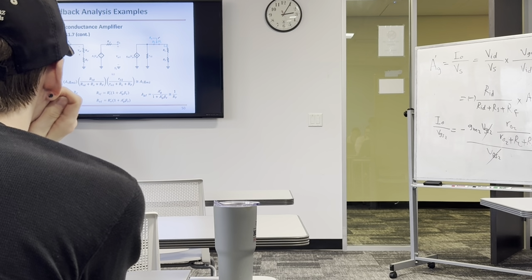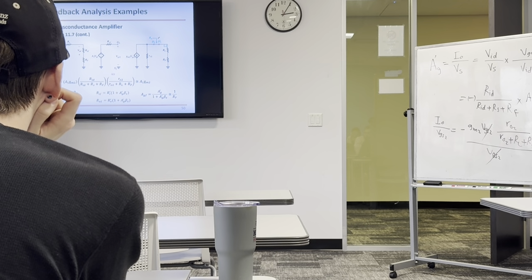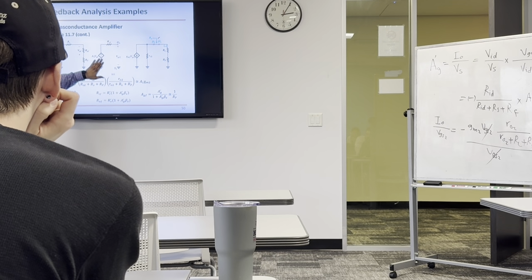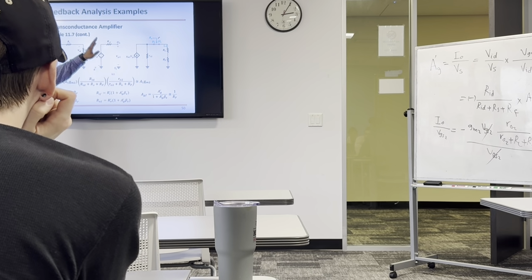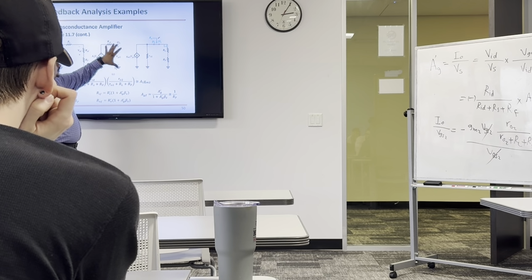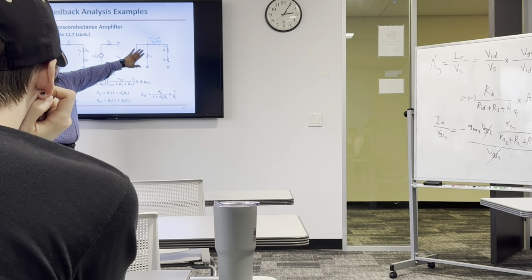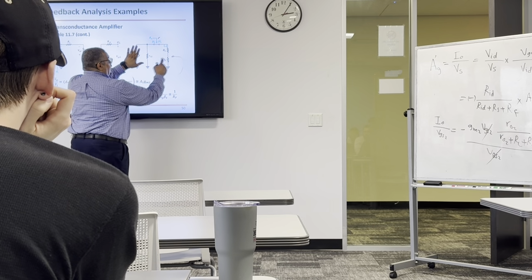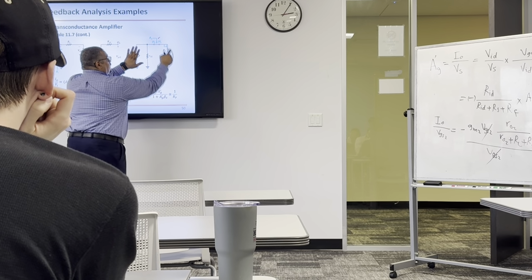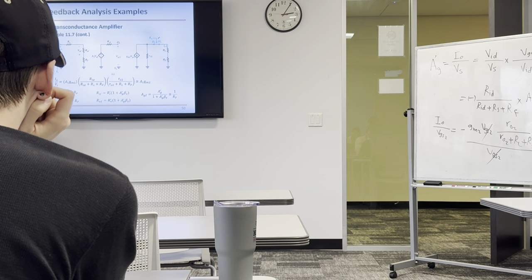You have to short circuit this. And if you short circuit this, this becomes shorted. If this becomes shorted, this becomes 0. If this becomes 0, this becomes open. 0 means open, right? Because this is a current source, this is a voltage. So open means that when you look from this side, you see this parallel with this, right? So it's RO.